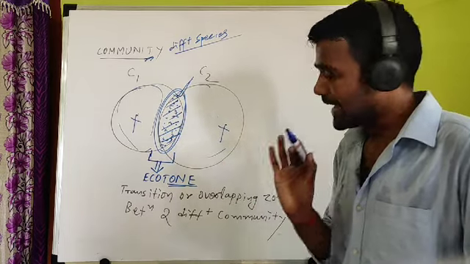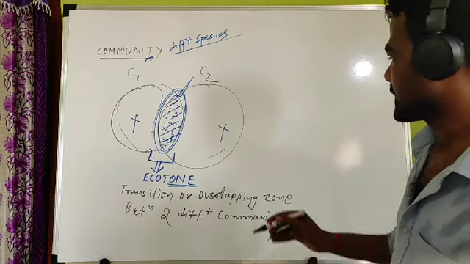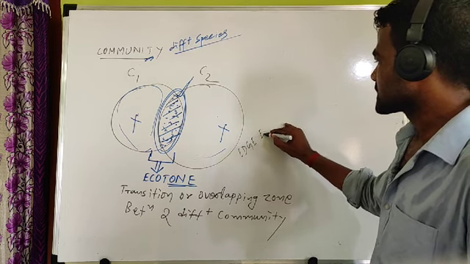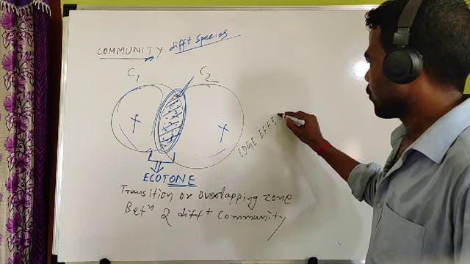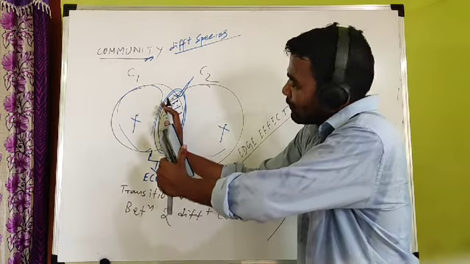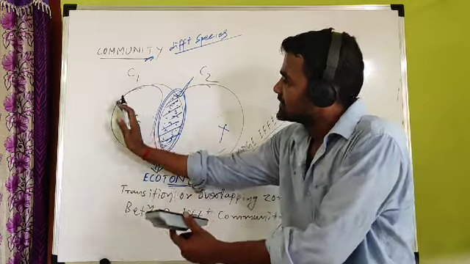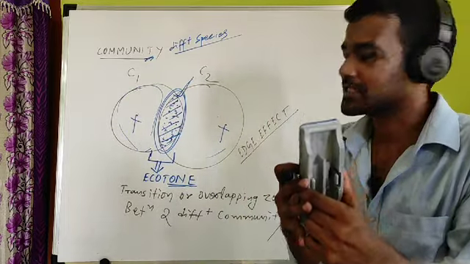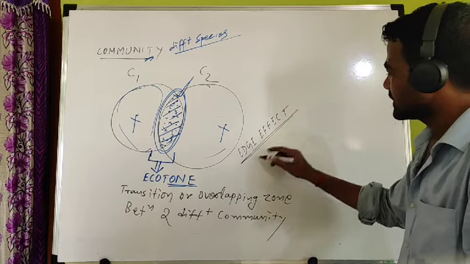That's why that effect is called the edge effect. Why edge effect? Edge means side. This is the side of community 2 and this is the side of community 1, so at the side maximum species are present. So what is the edge effect?